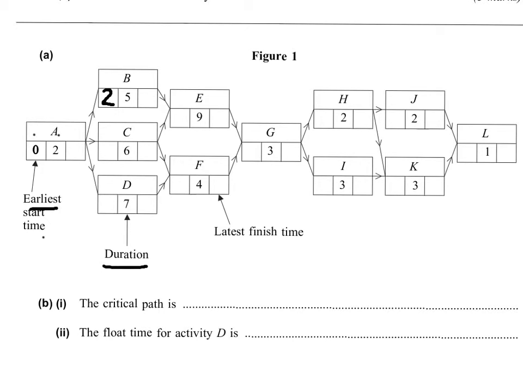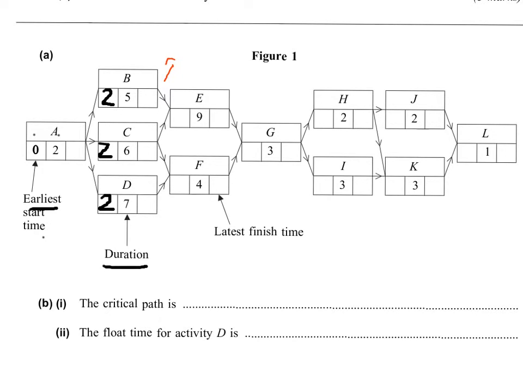And C as well. And D. Now we're going to look at activity E. Activity E cannot start until B and C are finished. B's task takes 5 days, 2 plus 5, so the earliest is 7.